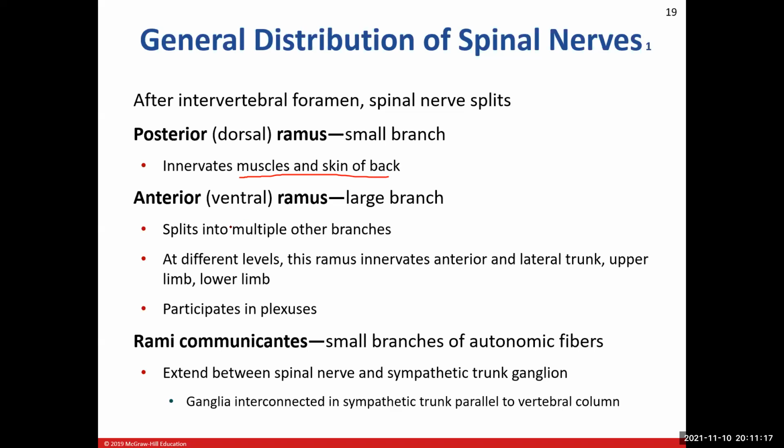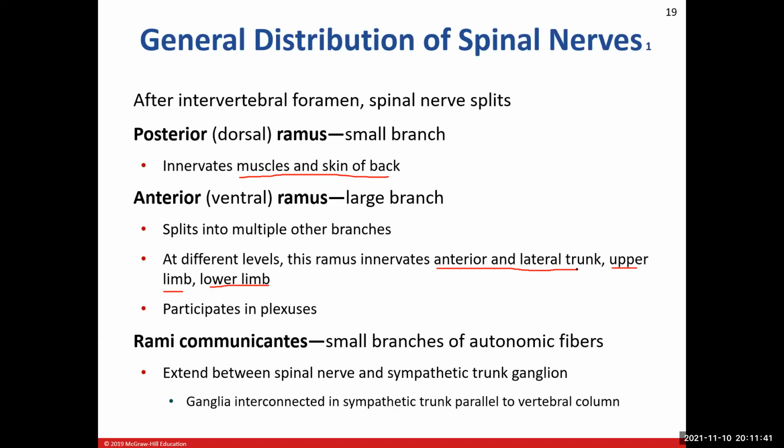So the anterior ramus, if we're close in the cervical region, is going to innervate the upper extremity. If we're down in the lumbar region, the anterior ramus is going to innervate the lower extremity. Also, it's going to innervate the anterior and lateral portion of your trunk.